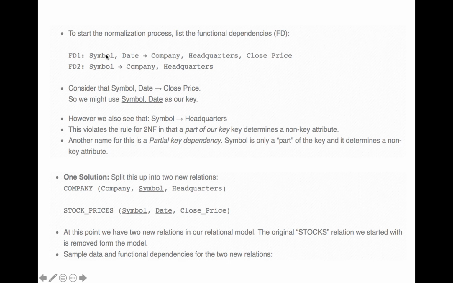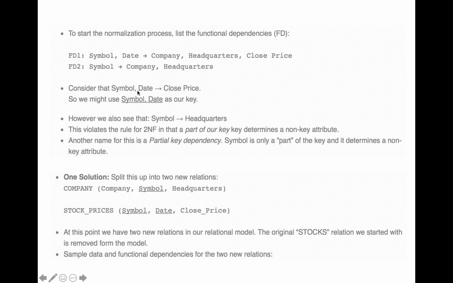Symbol and date together, which is okay, because symbol and date are the primary key, determine company, headquarters, and close price. So we might use symbol and date as our key, and that's what we did.